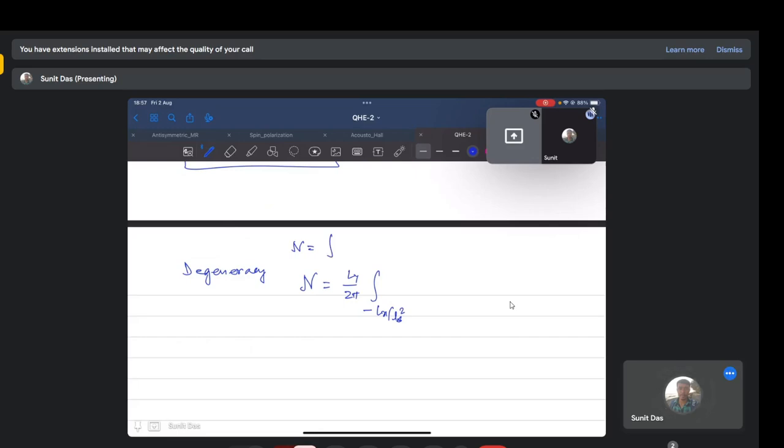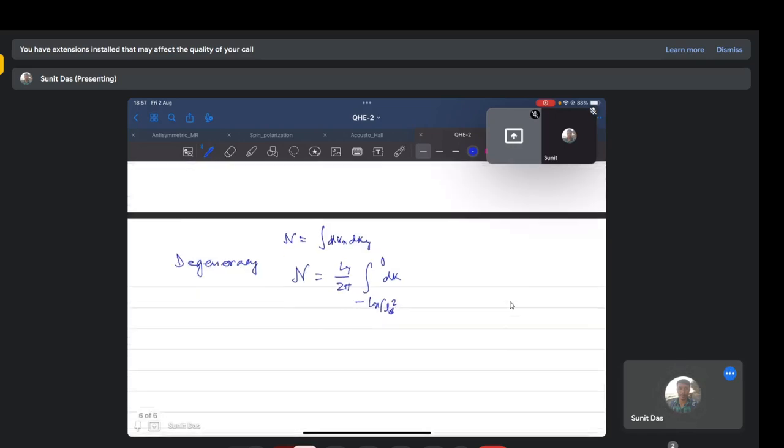Degeneracy is simply the summation over dkx dky actually. So then this will be dk and 0. This limit basically, and this will give me Lx Ly by 2 pi l_B square, which is eB by h bar. A is the area of the sample. A equal to Lx Ly by 2 pi h bar.